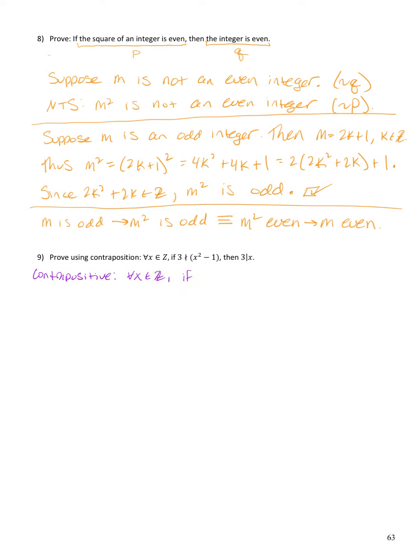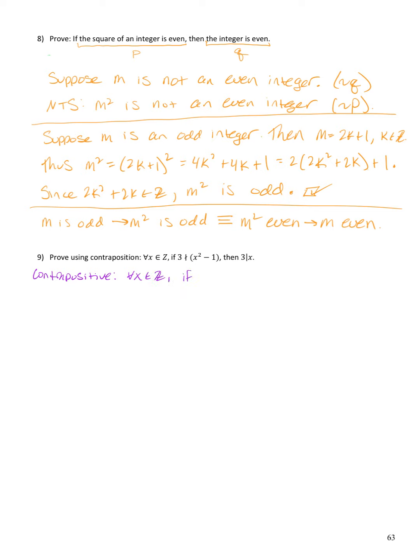Okay, so that's because this is my Q and this is my P. So not Q implies not P. Now I'm going to prove this statement. I'm going to prove the contrapositive, and then I will have also proven the original statement because a contrapositive and the original statement are logically equivalent.